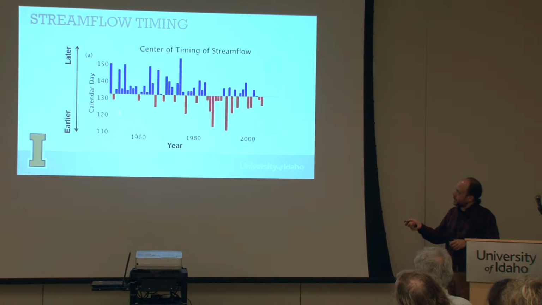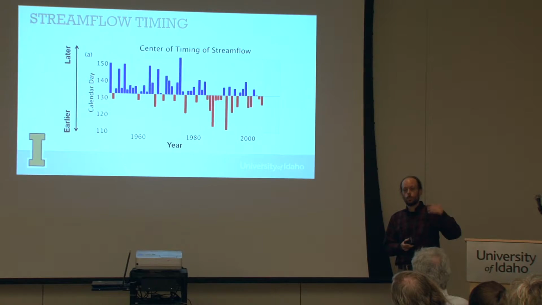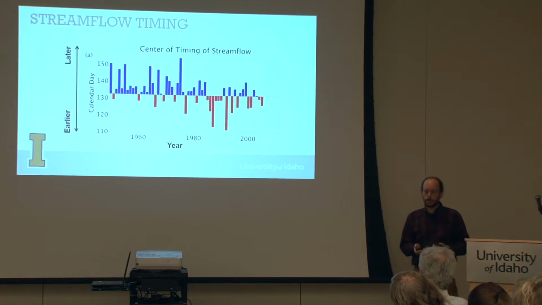But what we've seen is that in the past flow was coming out later, and what it's been doing more recently is coming out of the watershed earlier. The reason for that is really twofold. One is because there is more rain in the midwinter period versus snow, and the other, of course, is snowpack is melting earlier.